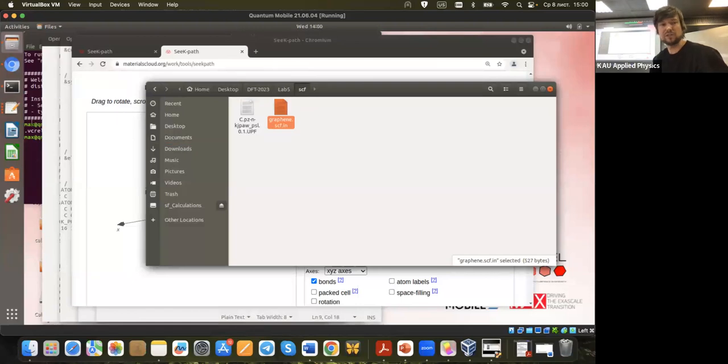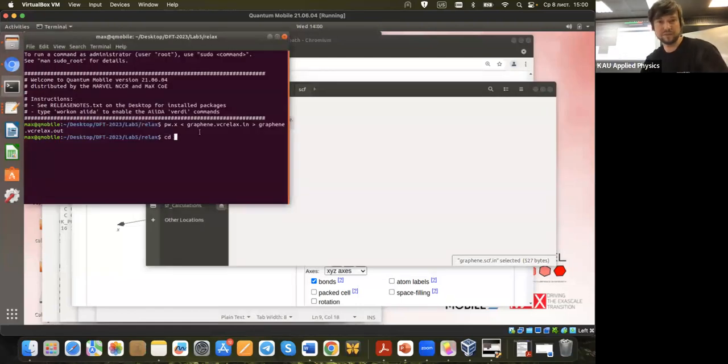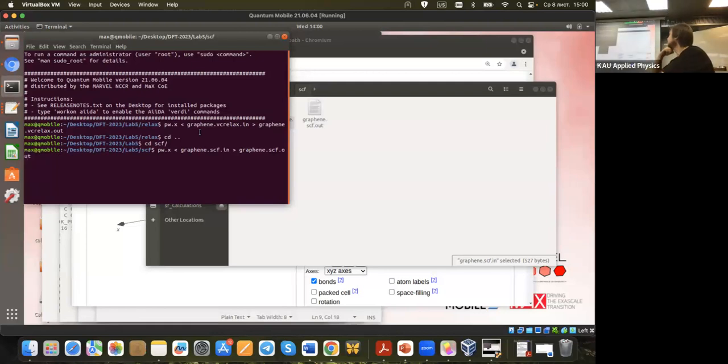And then we can start this SCF calculation. It should be very fast, even on my busy computer. Yeah, the point of relaxation is to get structure. The most useful information we can get from relaxation step is a structure. Structure without pressure.